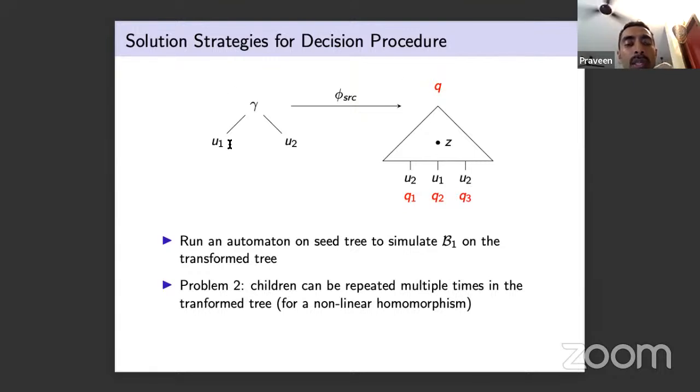But now in the seed tree, how do you ensure that this child U2 satisfies these two conditions? First, it must end at Q1. It must also end at Q3. So this is what we would like to do to the seed tree.